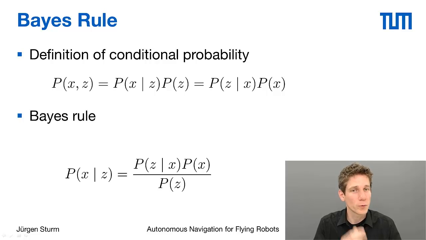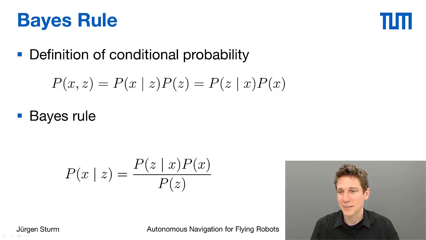And that, of course, because we can reverse the variables, equals also the probability of z given x times the probability of x. And if we reshuffle these terms, then we directly obtain Bayes' rule. So there is no magic behind Bayes' rule, it's just the definition of conditional probability.